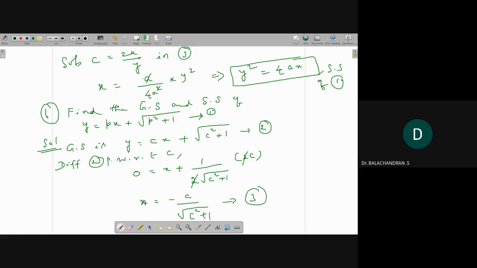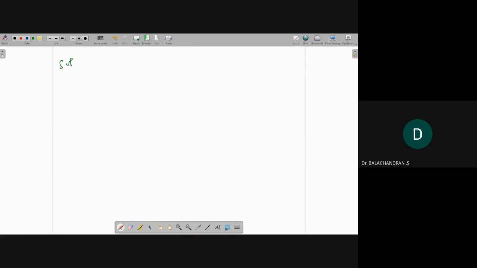Now substitute the value of x in 2. Substitute x is equal to minus c by root of c square plus 1 in 2.